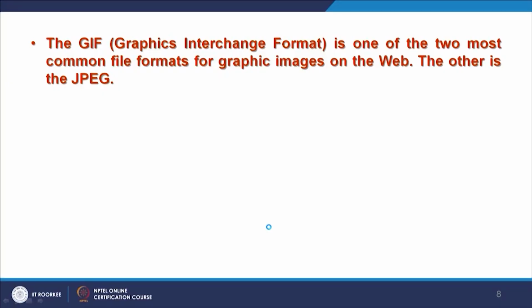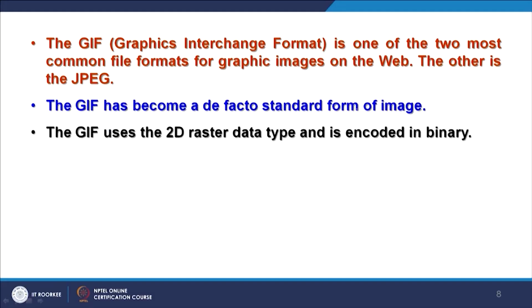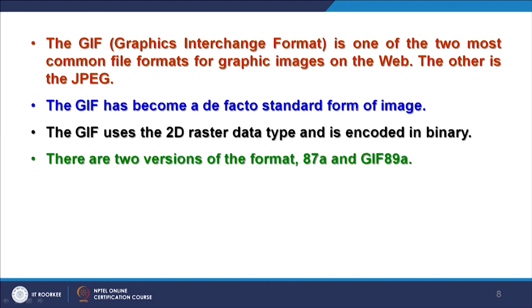Now, GIF is a very common format along with the JPEG format, and GIF has become a de facto standard for animated images. GIF can also be used for 2D raster type and can be encoded in binary, which means we can achieve quite good compression.